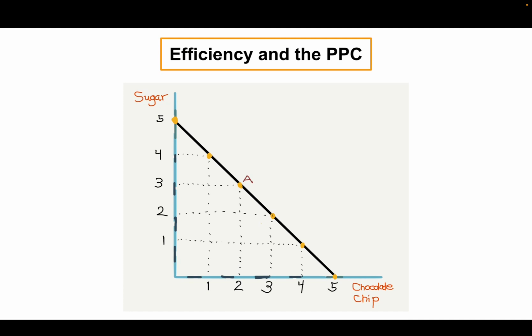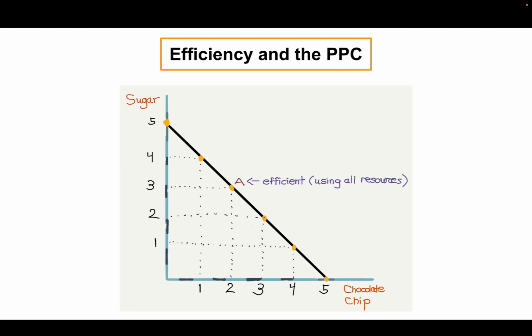And what I want to do is look at point A and point out something very important about point A. And that is that at point A, we are efficient. That means we are using all of our resources to produce the product.